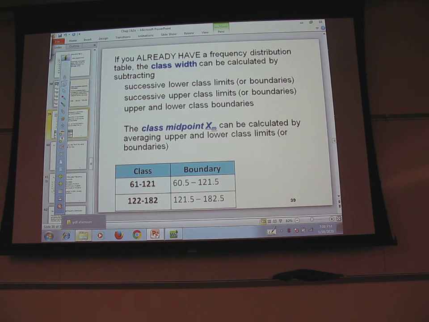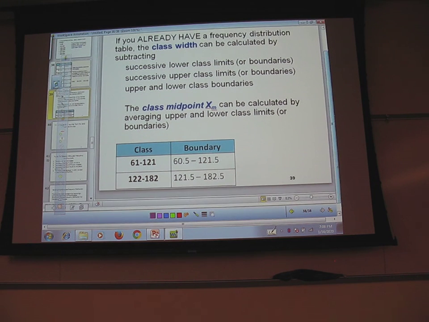Now, midpoints can be calculated by averaging the upper and lower class limits, or the boundaries. Anytime you have something mid-range, midpoint, that means you're going to be averaging two items, the largest and the smallest.